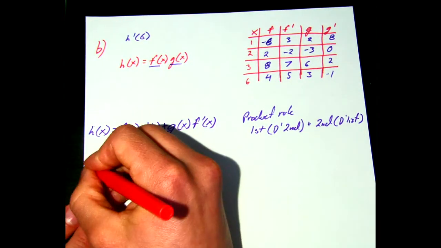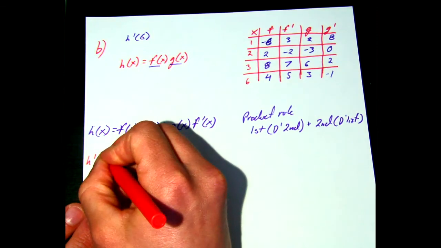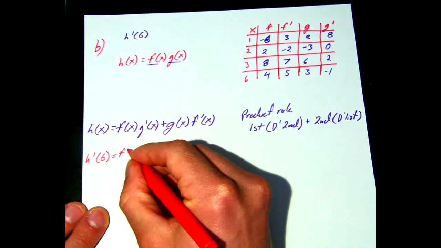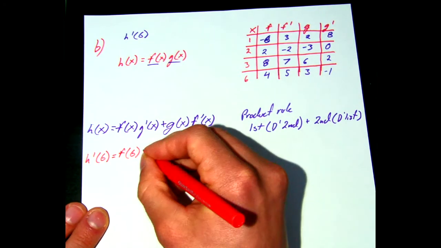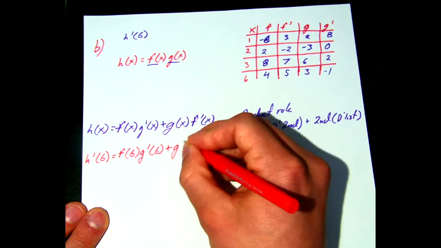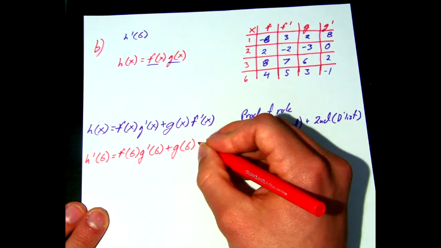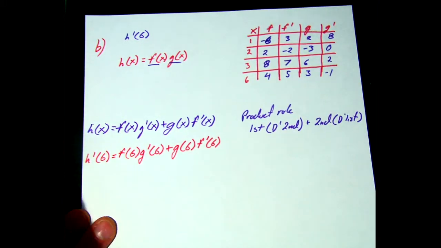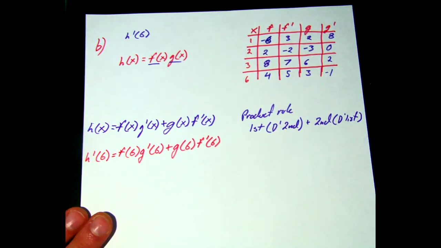To do h prime of 6, all I'm doing is, hey, f of 6 times g prime of 6 plus g of 6 times f prime of 6, okay?